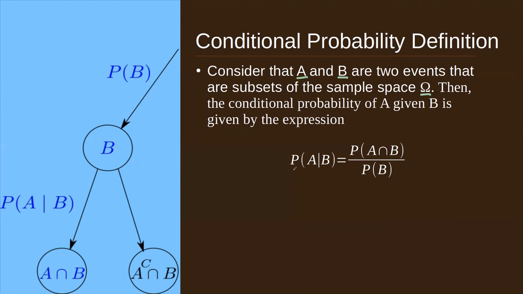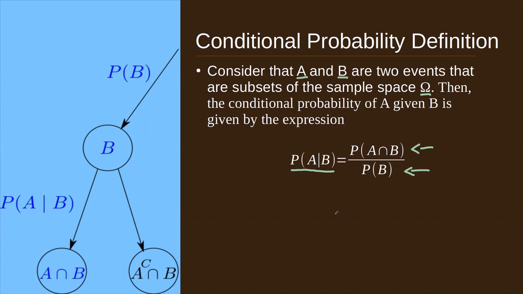In particular, we see that this part is the conditional probability of A conditioned on the event B. Up here, we have the intersection between A and B, and down here, we have the probability of B itself.